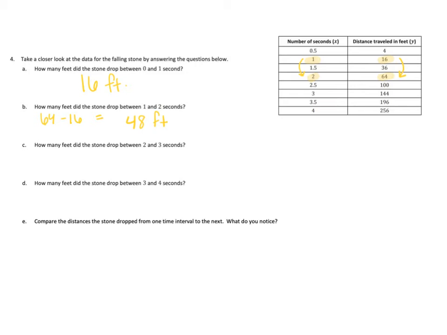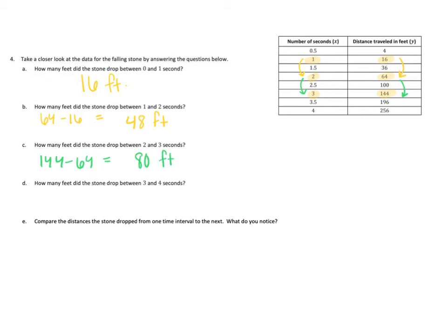Okay, how many feet did it drop between 2 and 3 seconds? It went from 2 to 3 seconds, so 1 second, and went from 64 to 144. So how many feet is that? What's the difference between those two numbers? 144 take away 64 in my calculator is 80. So it's dropping faster the more it falls, right?